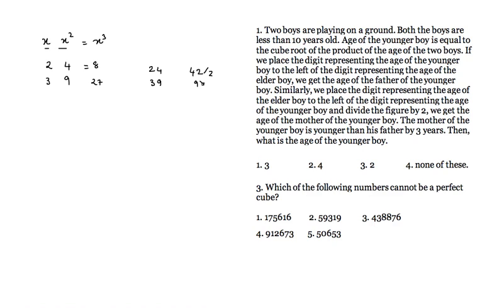Now 93 cannot even be divisible by 2. You will get something in fractions. Whereas the mother of the younger boy is younger than his father by just 3 years, which is an integer. So 3 and 9 are out. You have only one possibility, 2 and 4. And the age of the younger boy is option 3, which is 2 years old only.